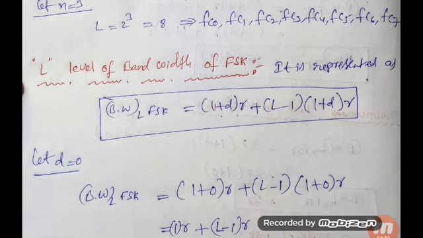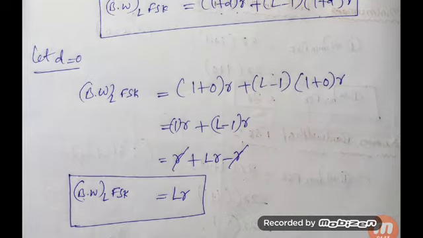Let d equal to 0. The L level bandwidth equals LR. When we replace d equal to 0, the simplified equation is R plus LR minus R. The R's cancel and the remaining value is LR. And this is the formula of LR.